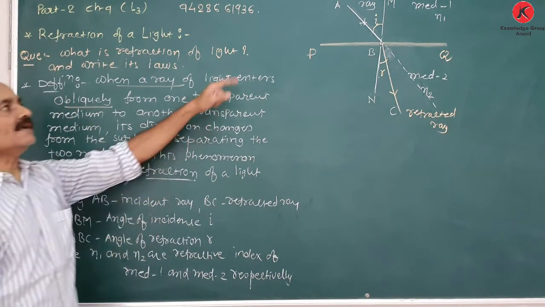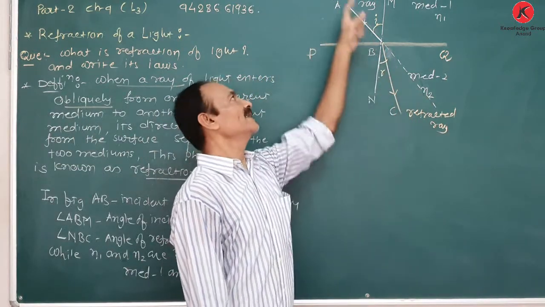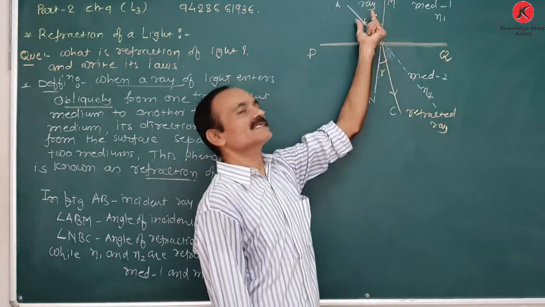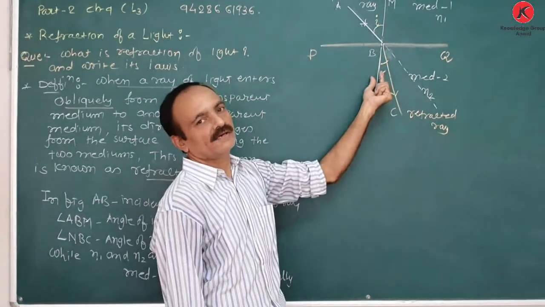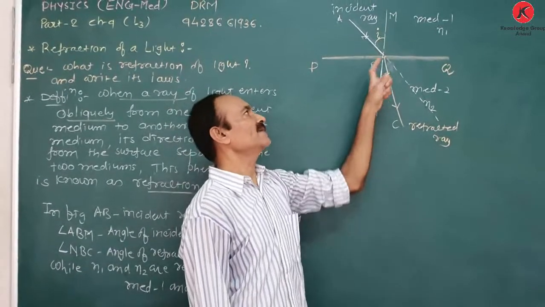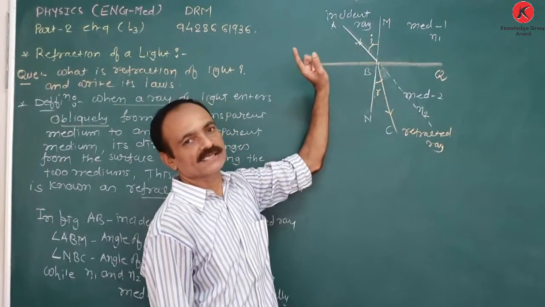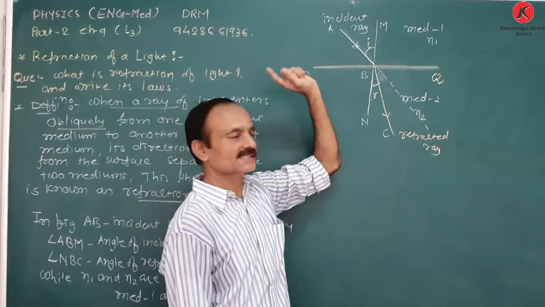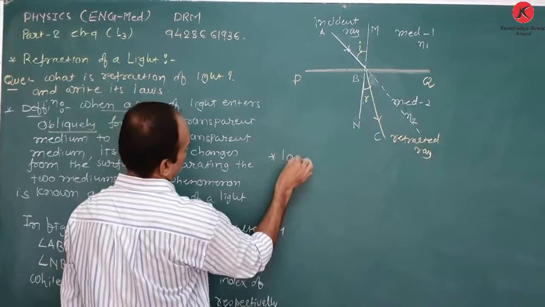So that is shown in the figure. AB is the incident ray, BC the refracted ray, angle ABM is the angle of incidence, angle NBC the angle of refraction, and MN is the normal drawn at the point of incidence. Clear this? Okay. Now, what are the laws of refraction?